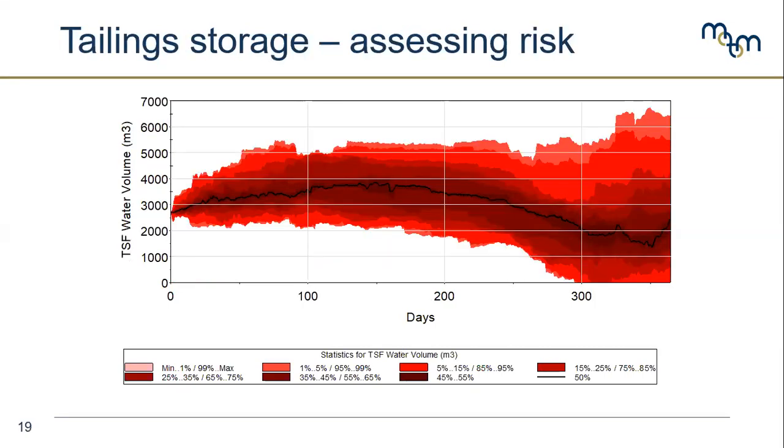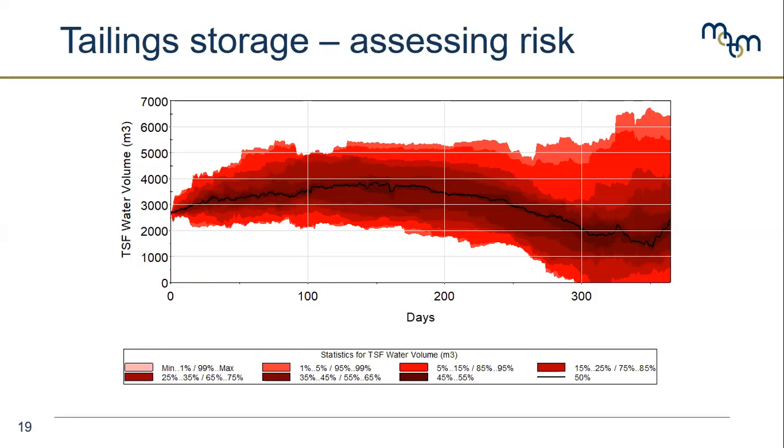So if we see how this plays out in the context of some of our processes, we can look, for instance, at the tailings storage facility, which of course is influenced quite strongly by incident rainfall, you know, big events or lack of events.